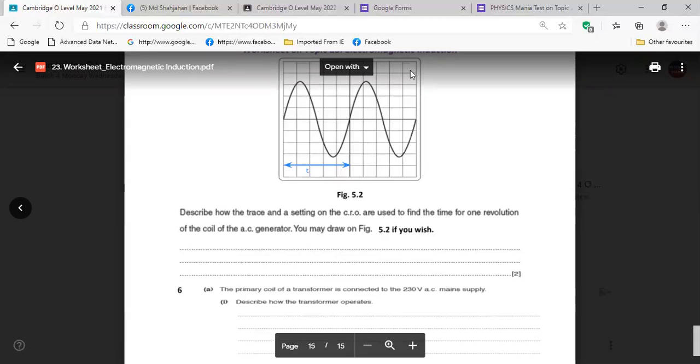I am showing you one example, otherwise you will not understand. Sir, are you having net problems, because you are lagging? 5 divisions for a complete cycle.